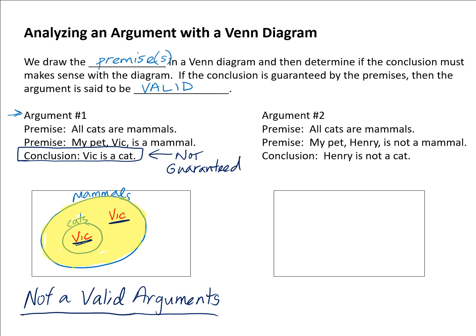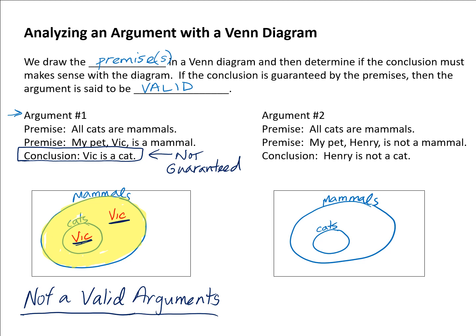In argument 2, we have the same first premise. We have the premise that all cats are mammals. So I'll draw that out first. And now we have a second premise that is different. My pet Henry is not a mammal.